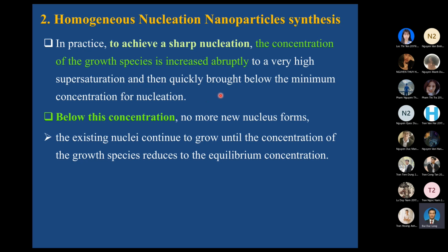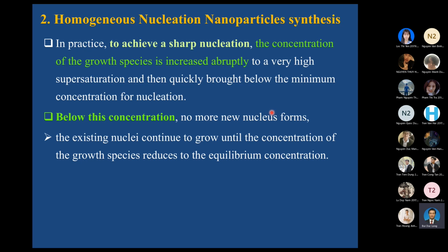So this is to obtain a sharp nucleation, and below this concentration, no more new nucleus forms. So all the nucleation is formed at the same time. We have no more nucleation after this, so all the particles grow up with the same condition.